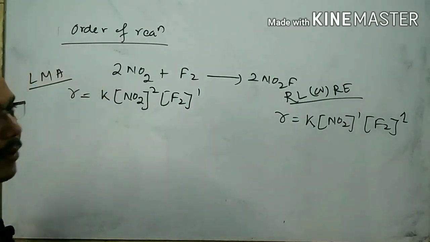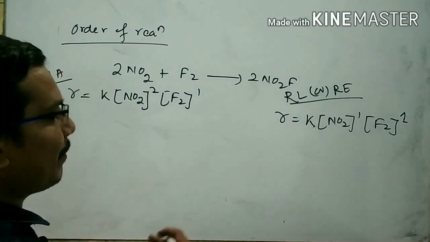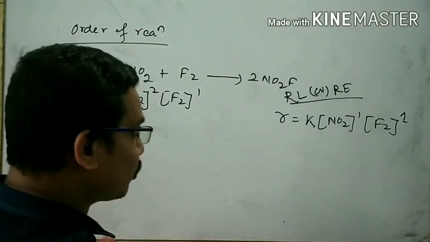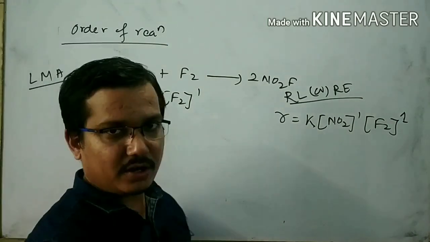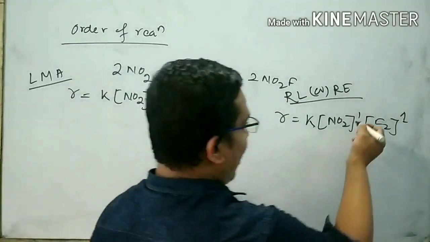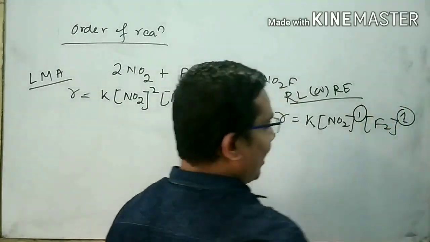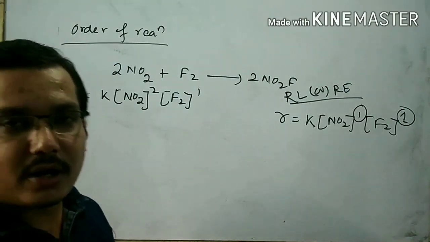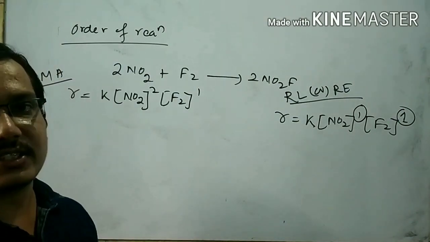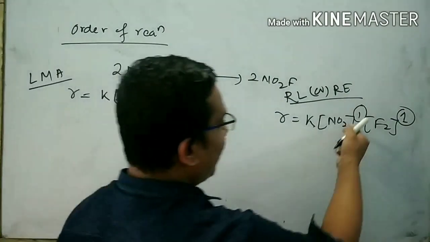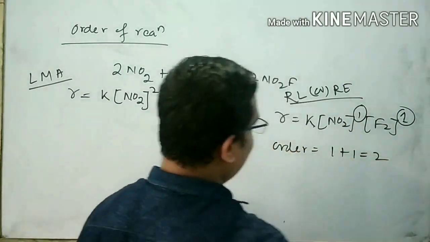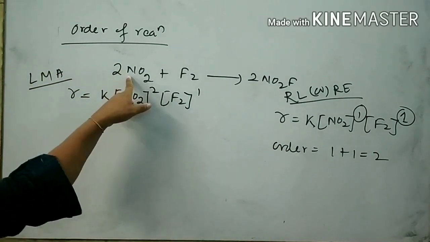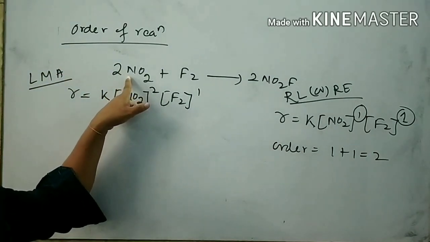Actually, how many reactant molecules affect the rate of reaction is considered in the rate law, and the powers are added to give the order of the reaction. Here the order of reaction is equal to 1 plus 1, that is 2. That means this reaction is a second order reaction.